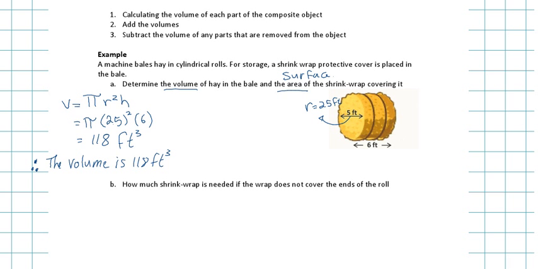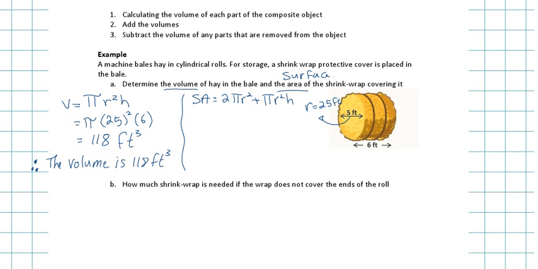So I have to add them all together. The formula for the surface area of the cylinder is 2 pi r squared plus 2 pi r h.